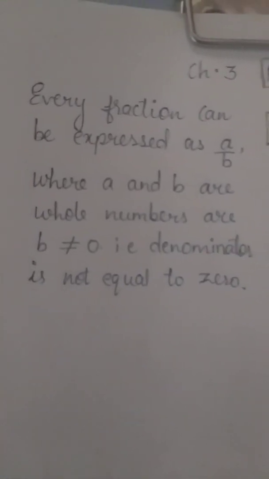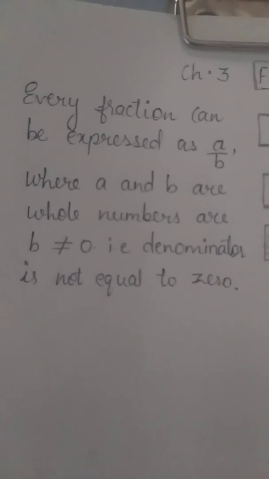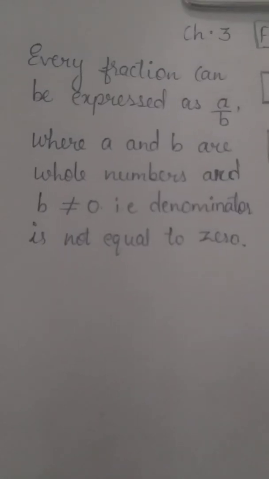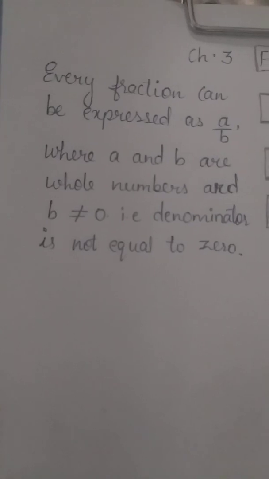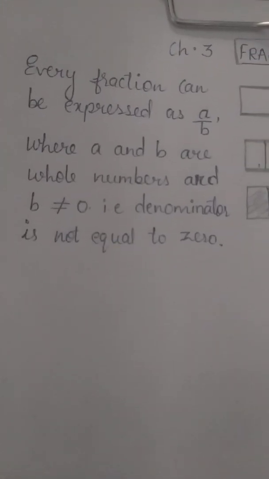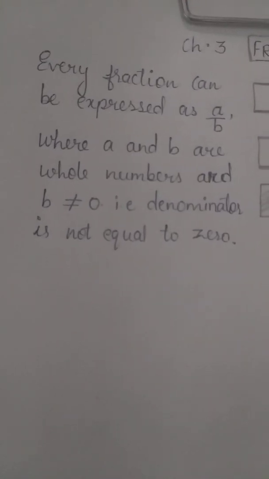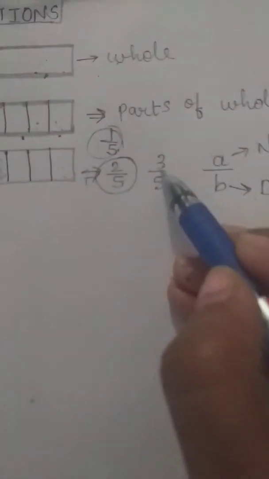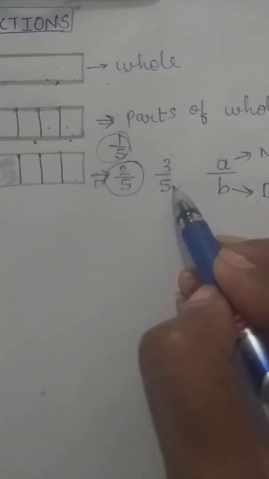So let us understand. Every fraction can be expressed as a by b, where a and b are whole numbers and b is not equal to 0, that is, the denominator is not equal to 0.